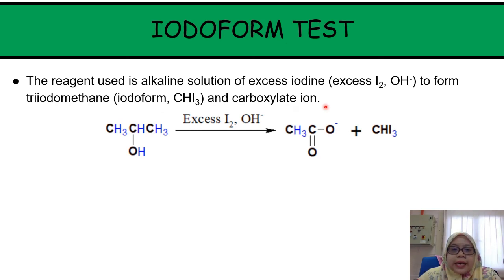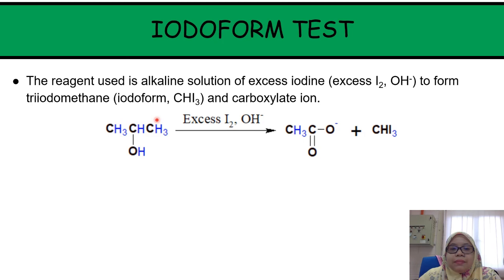In this case, our alcohol will be oxidized to form a carboxylate ion. The reagent used is an alkaline solution of excess iodine, which we can write as excess iodine in OH minus solution. In this reaction, for example, we have 2-propanol. This is the alpha carbon, and we have a methyl group on the alpha carbon.